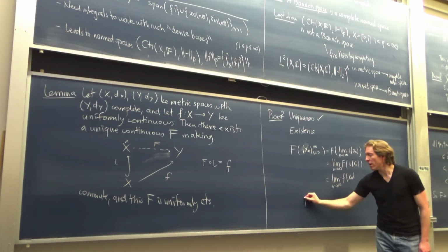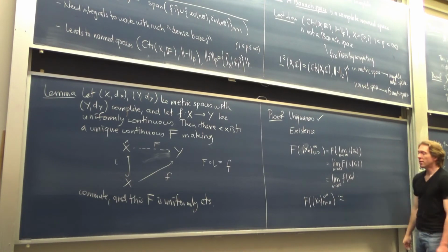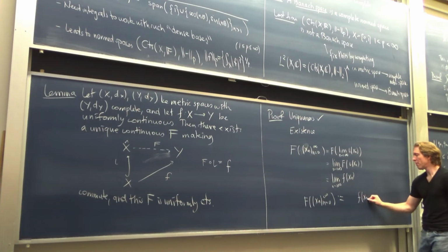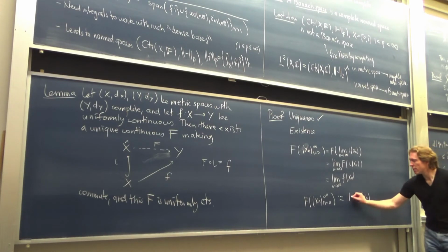That's not an argument that it makes sense and exists, but this is the only thing that could possibly work. So we take a Cauchy sequence, we look at its image. The image of a Cauchy sequence under a continuous map is Cauchy, so that's a Cauchy sequence in Y. Y is complete, so it has a limit, take that limit, that's unique.